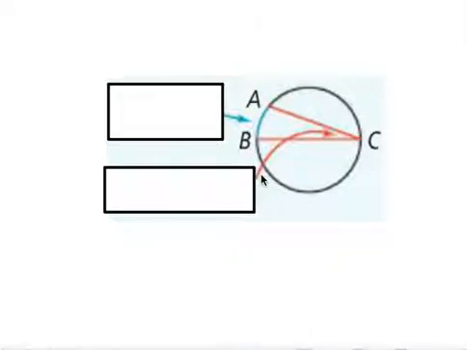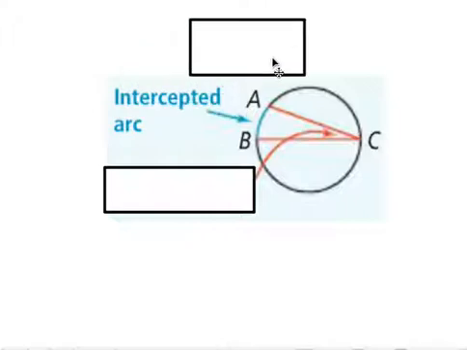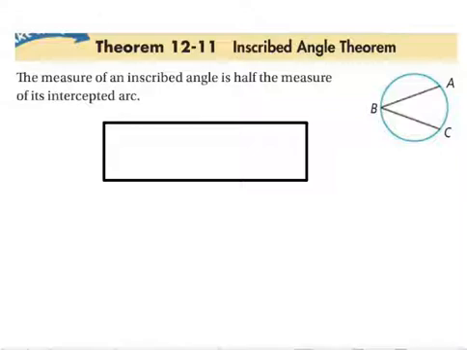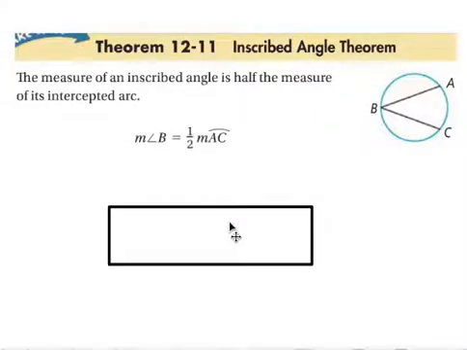GeoLingo for this unit. So right here we have an intercepted arc, that's the blue part, and the inscribed angle right there. So looking at this, if we have the measure of the inscribed angle, then there's this pattern.